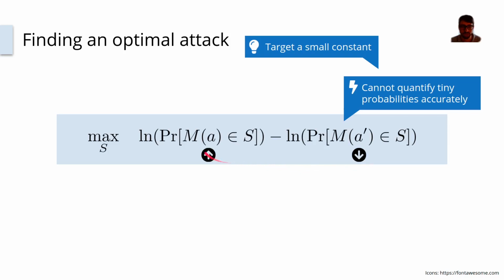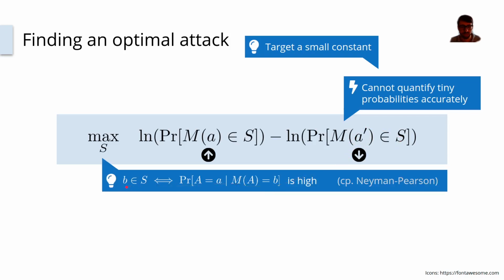On the other hand, we of course try to maximize this term, which means that we will have a trade-off between minimizing this term and maximizing this term. What does this mean for a potential attack? Intuitively, we would like to compose the attack S of elements which are likely to result when the input is A and unlikely to result when the input is A prime.